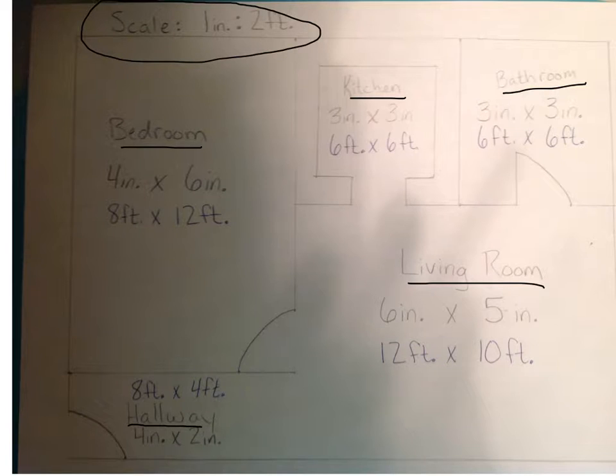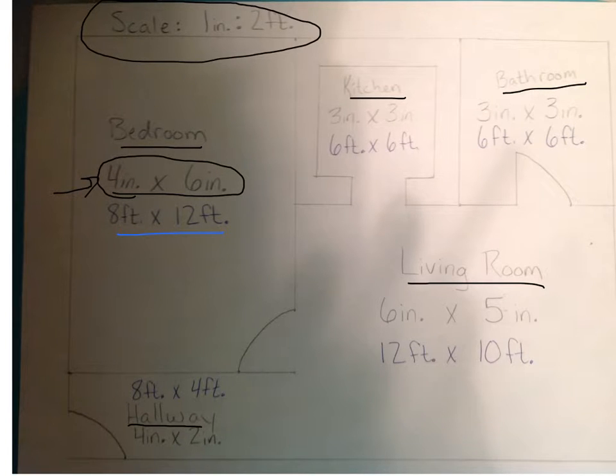So let's look at the bedroom here. The actual measurement and the scale drawing are in two different colors, like they are supposed to be. The actual measurement is here in the blue, and the scale drawing is here in the black.